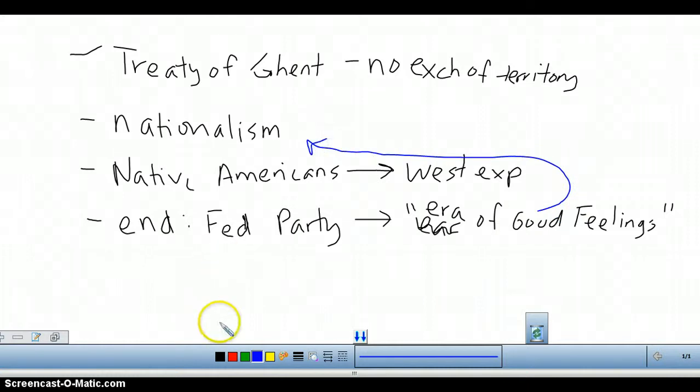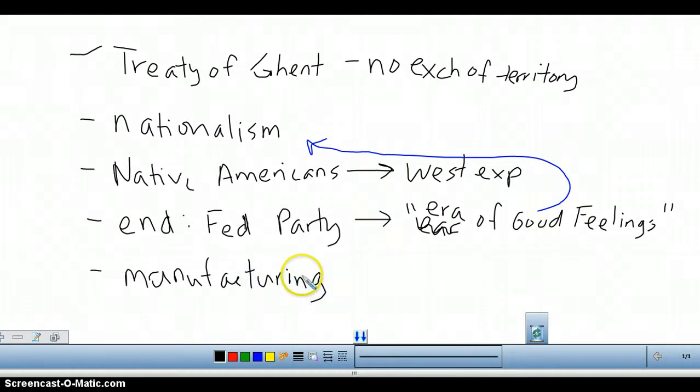There's also another effect. As we think economically and the long-term effects for the nation, there is an increase in manufacturing. This is because the years of embargo and war blockaded America from the products of Europe. And so Americans were forced to grow these things at home.